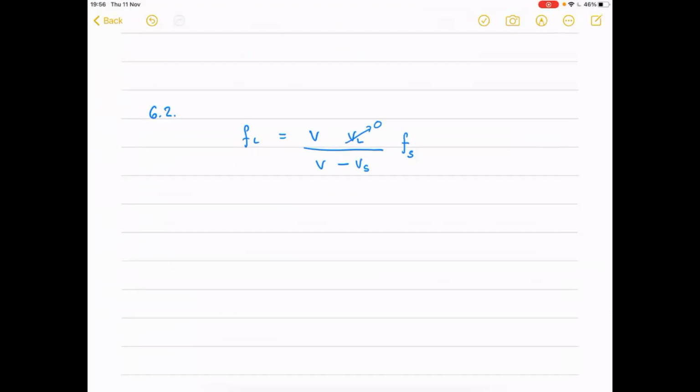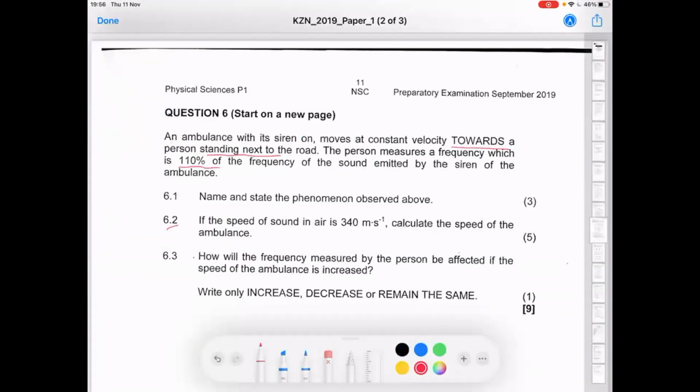And then we know they told us that this V is 340, but instead of giving us values, they said a person measures the frequency which is 110% of the frequency of the sound emitted by the siren.